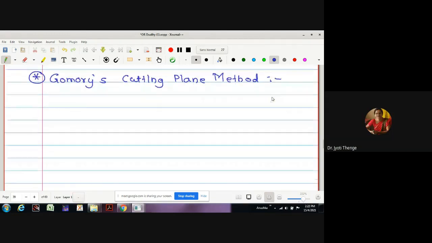Therefore, the main theme under this method is to understand how that Gomorian constraint is constructed. Once we construct the Gomorian constraint, then we will see what is the systematic algorithm or methodology to solve the problem.